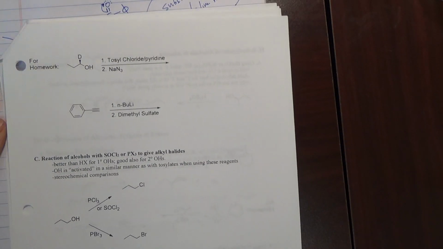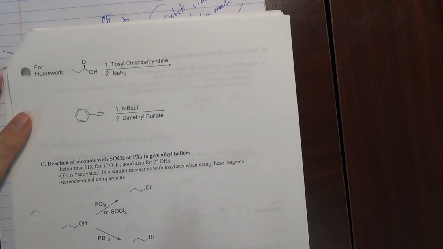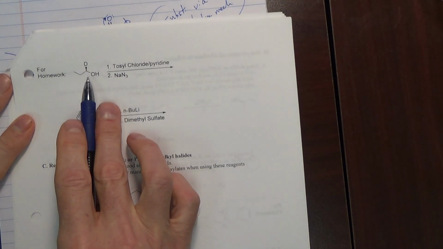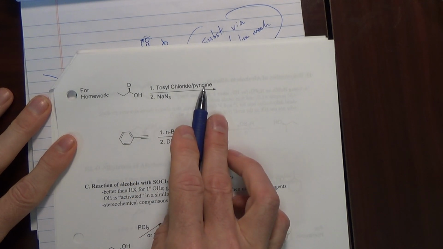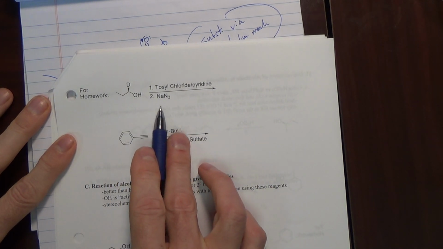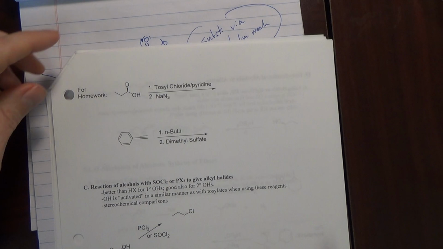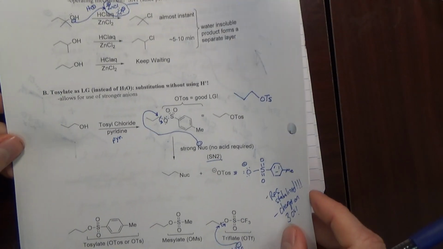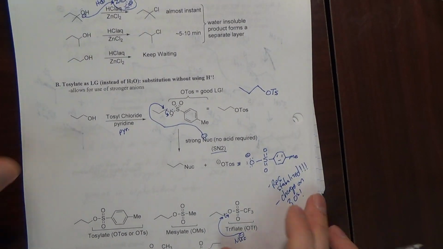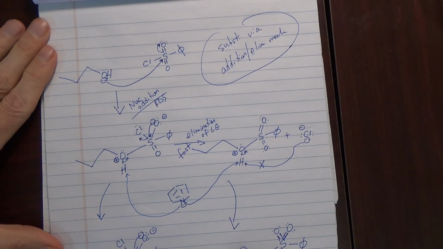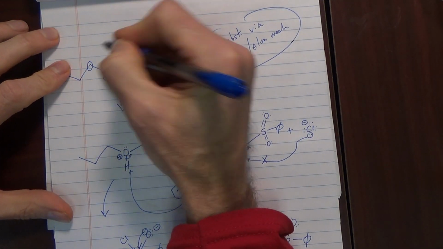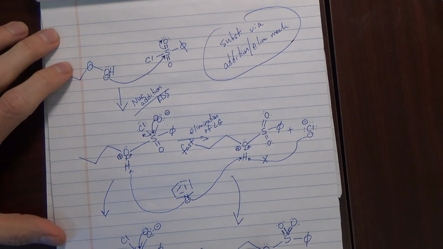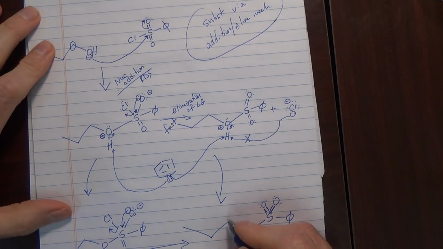Okay, for homework. So we know what tosyl chloride and pyridine would do. Now keep in mind, when we made the tosylate, if this carbon was chiral, where the OH is, we would have no change.